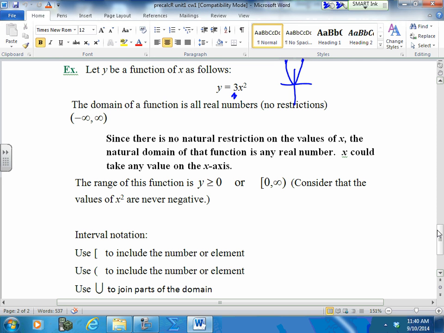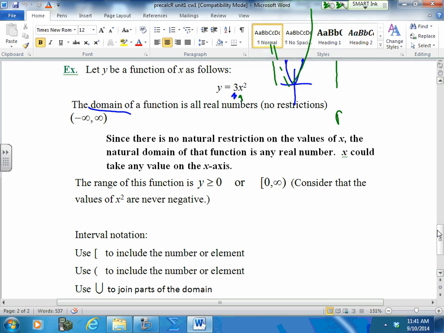So if I'm looking for my domain, and I'm looking for every x that this could be, I really want to just test this. I want to say, if I pick this x, am I going to hit it eventually? If I pick an x out here, am I going to hit it? Remember, this goes on and on and on indefinitely, forever, up to the top. So any x I plug into here, I should be able to get a y, right? So my domain has no restrictions.